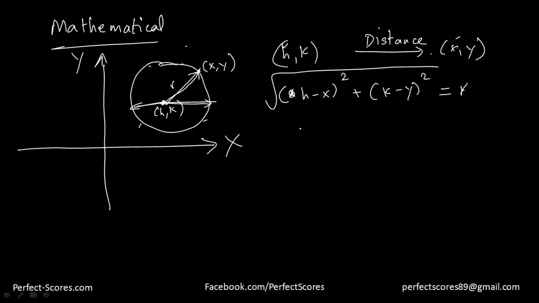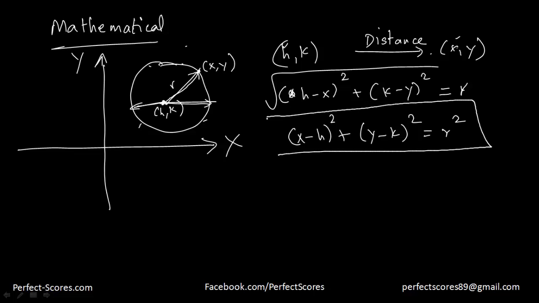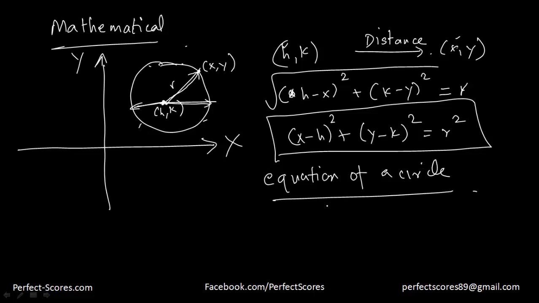So I can say that even if I call it h minus x or x minus h, (x minus h) whole square plus (y minus k) whole square is equal to radius square. This is what we call the basic equation of a circle.